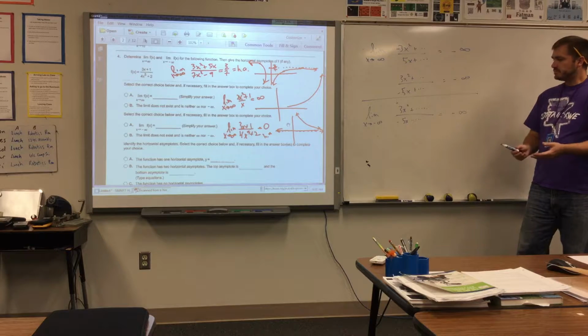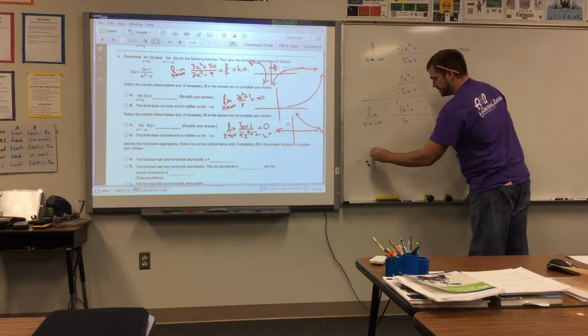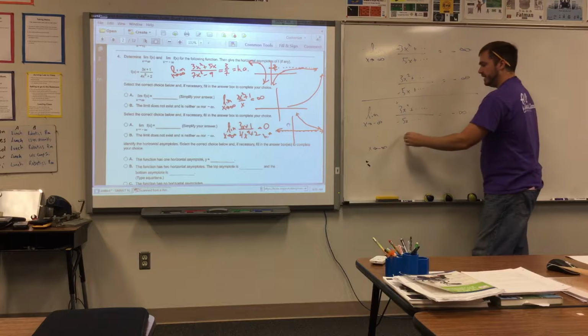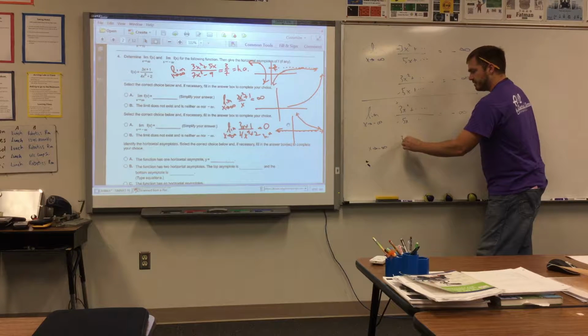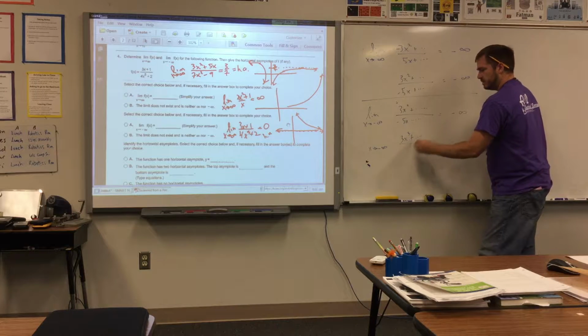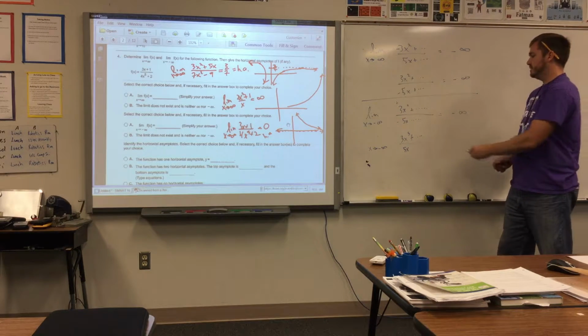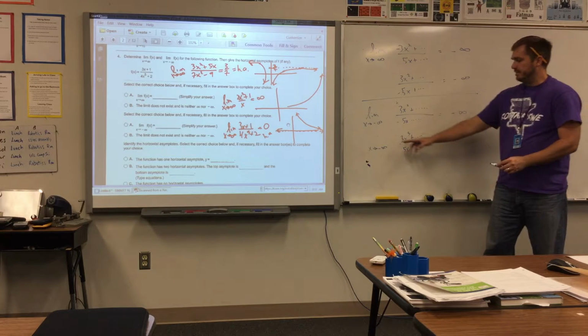Okay? And just go ahead and think through your rules. You know, if it was as x approaches negative infinity and it was 3x cubed plus a whole lot of stuff over 5x. Okay.